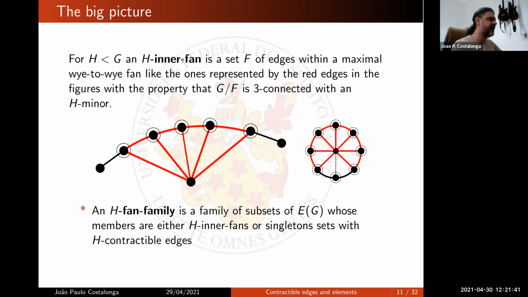If we're talking about H inner fans whose contraction preserves the H minor, and the singleton sets containing H contractible edges whose contraction preserves the H minor and three connectivity, we say that this is an H fan family. So H inner fans or singleton sets with H contractible edges. And instead of sets of contractible edges, we will be talking about these H fan families. And in a moment, you'll see why and how this works.